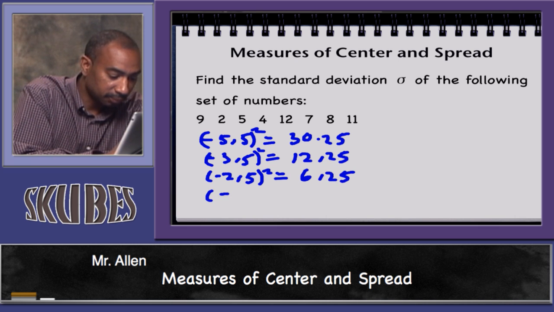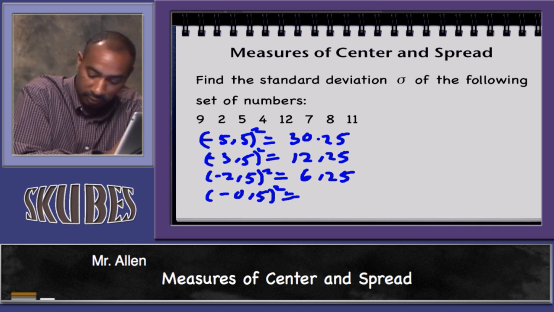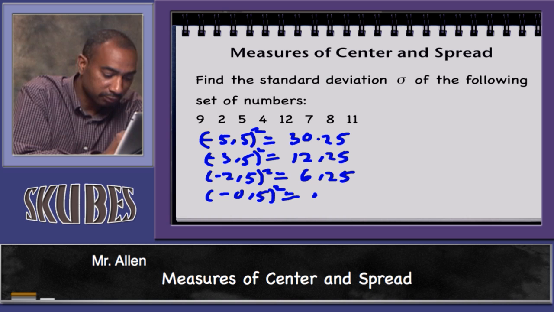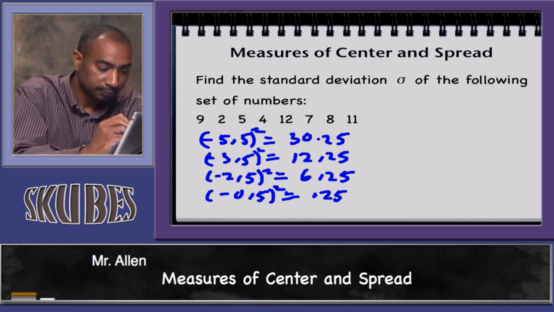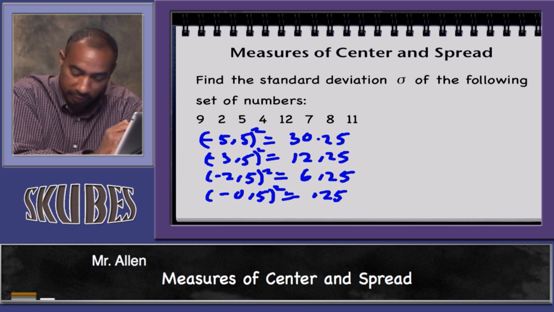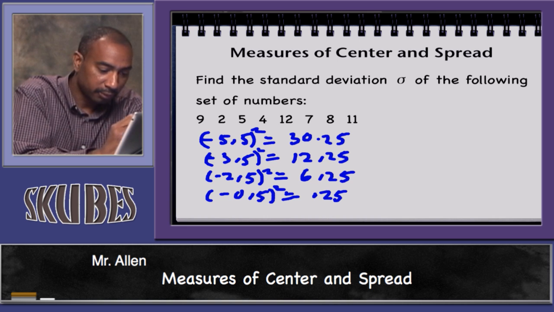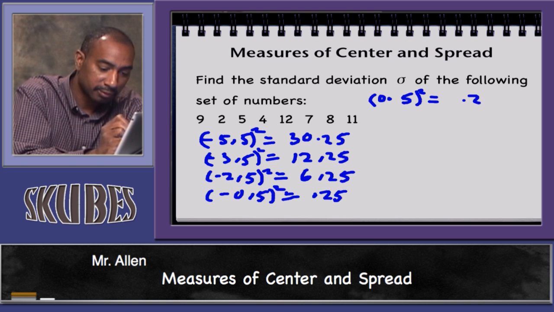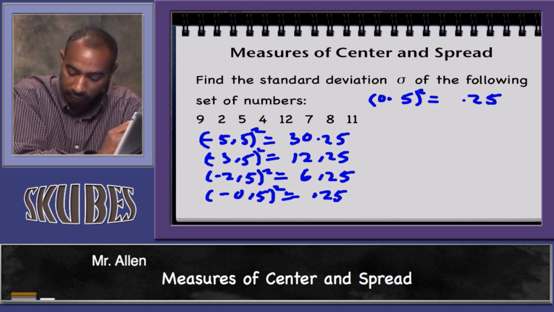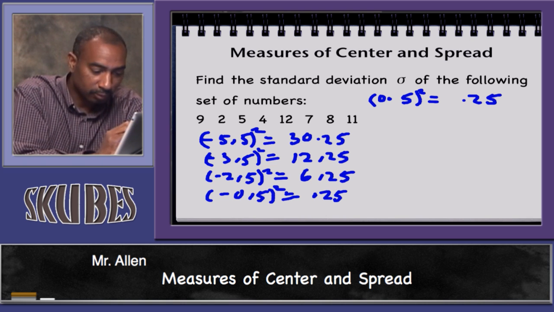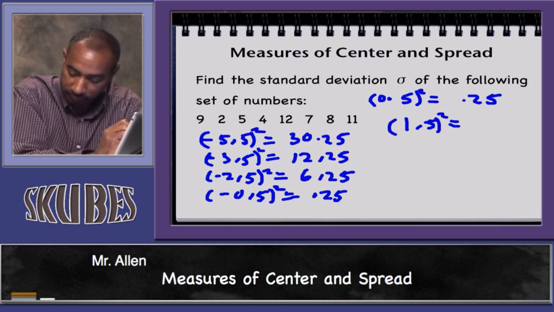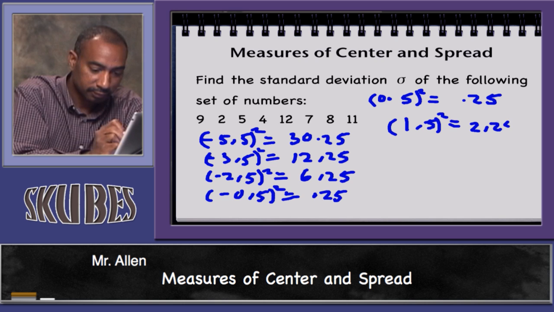Then I had negative 0.5. And if I square that, I get 0.25. All right, then I had 0.5, which is going to be the same, right? So I'm going to get 0.25. And then I had 1.5. If I square that, I get 2.25.